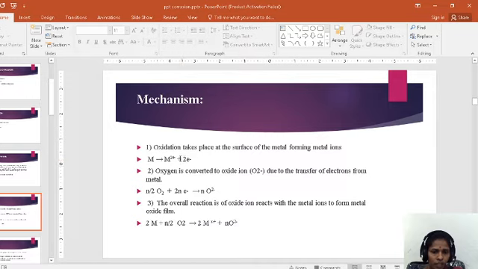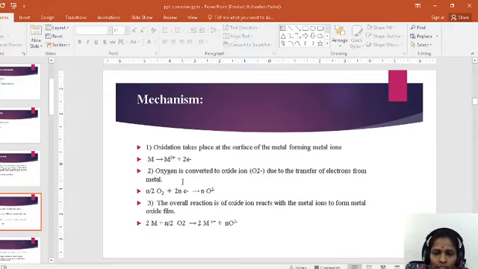M loses 2 electrons to produce M2+, and oxygen is converted to oxide ion due to the transfer of these electrons from the metal. The metal loses these 2 electrons, and they are transferred to oxygen. Oxygen gains these electrons to produce the oxide ion, O2-.